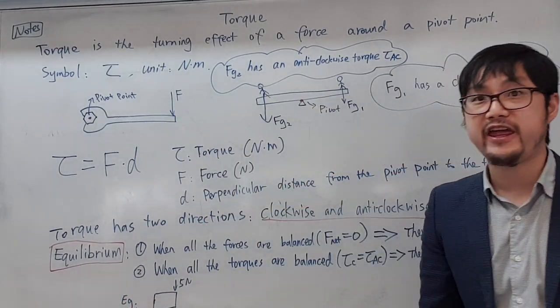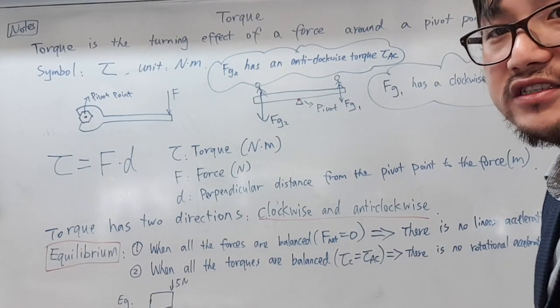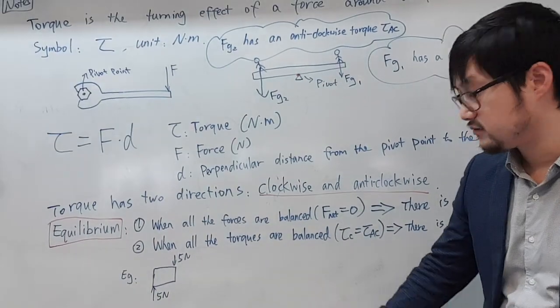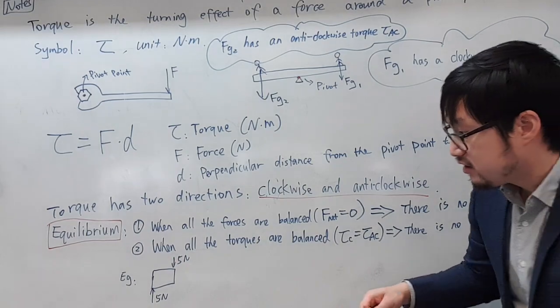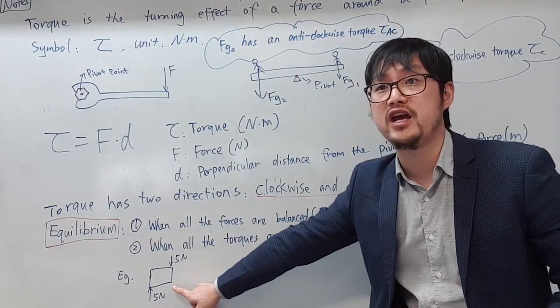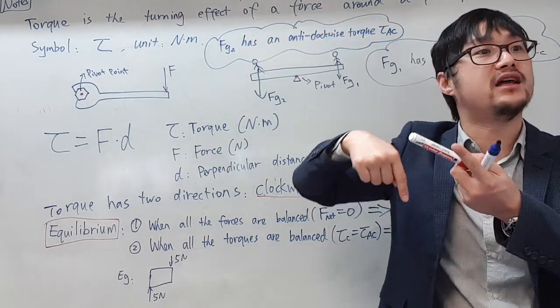Now let's have a think. Is this going to be equilibrium or not? No. So why would this not be equilibrium? This will be rotational acceleration. Yeah, very good. Because the force is balanced, 5 Newton going down, 5 Newton going up. So this object is not going to fly up or fly downwards because the vertical forces are balanced, right?